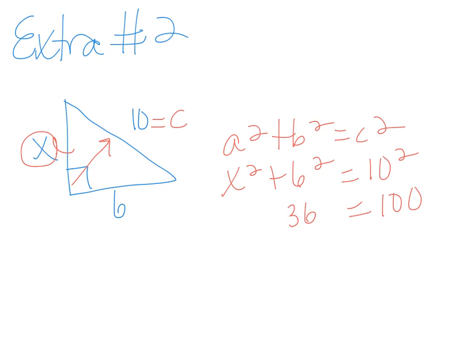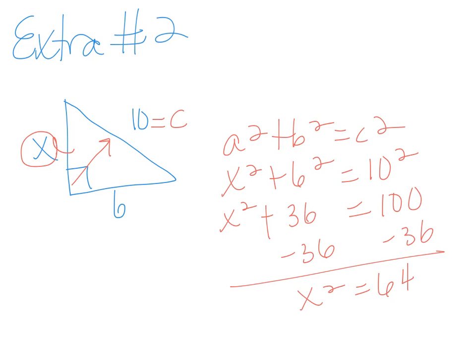And so we would subtract 36 on both sides, and we would end up with X squared equals 64. And then our final step would be to take the square root of 64. And so X would equal 8. So this side right here would be 8.